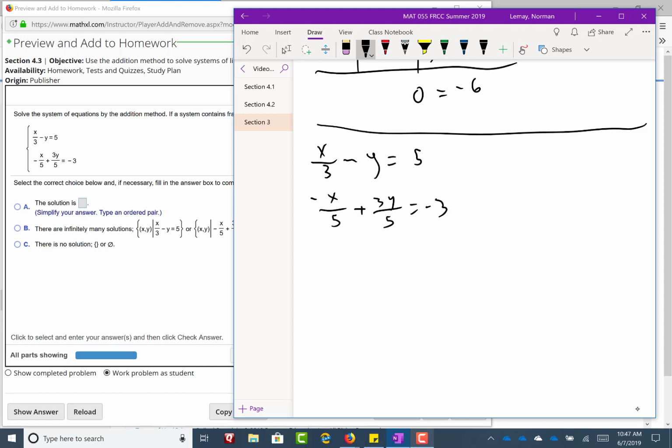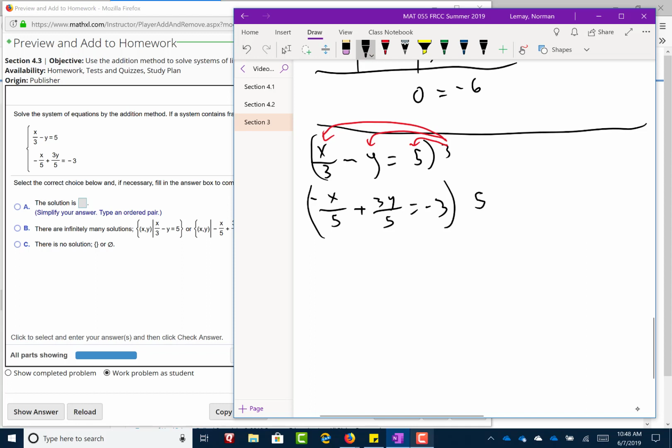So like we discussed, to get rid of the fractions up top, I can multiply through by a 3. And on the bottom, to get rid of the fractions, common denominator, I'm going to multiply by 5. So again, I'm going to distribute the 3 along the top to here, to here, and to here.